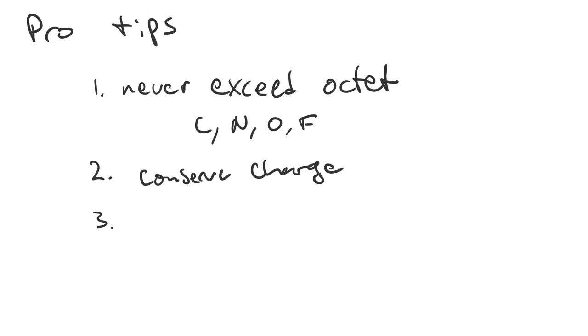When you're working in Wiley Plus, draw the lone pairs first. Finally, try to make a resonance structure using as few curved arrows as possible. That way you'll see all the possible resonance structures.